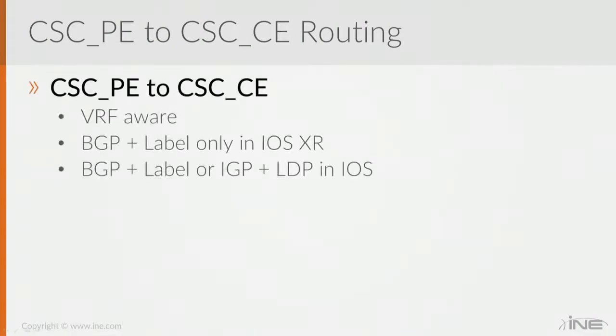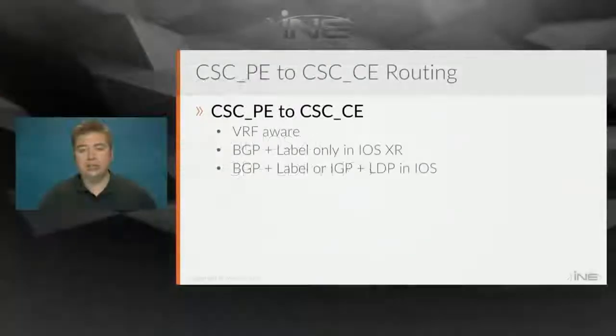The PE side to the CE side is going to be running inside of a VRF, just like a normal layer 3 VPN config. What is going to change here, though, is that inside the VRF, we're going to be running MPLS. I had briefly mentioned this before when we looked at some of the L3 VPN documentation of IOS XR, and one of the notes on that document was that XR does not support VRF-aware LDP.